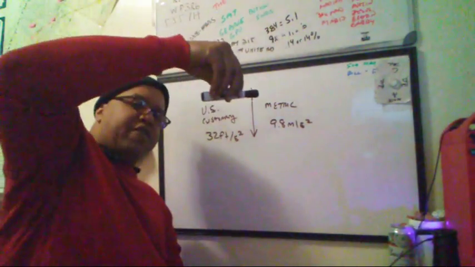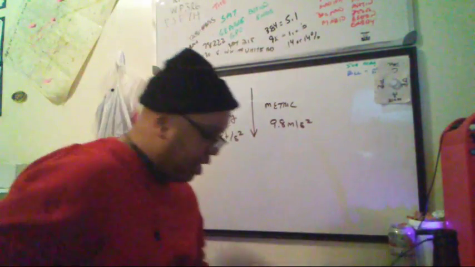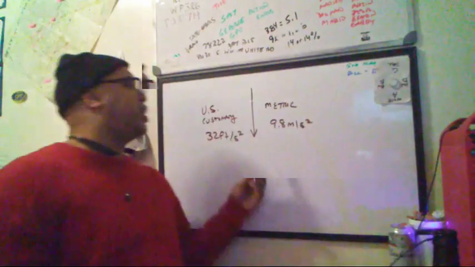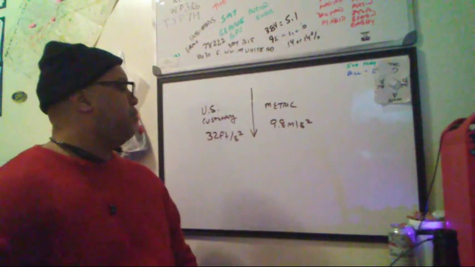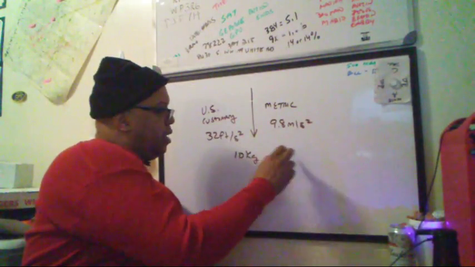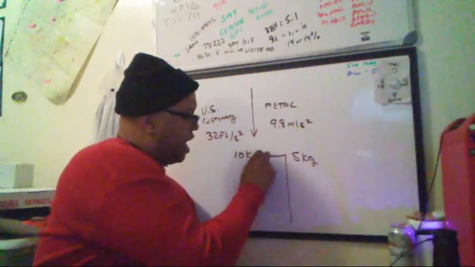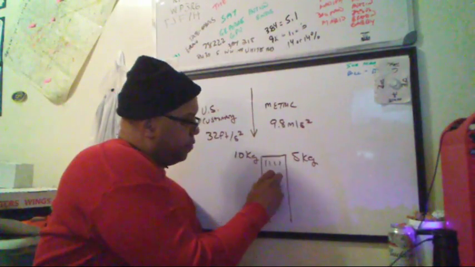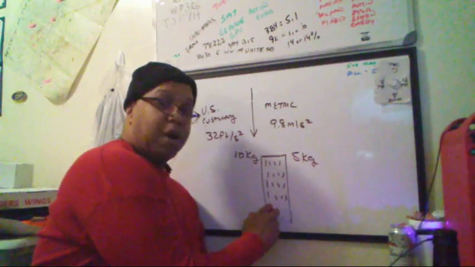So I hold my dry erase marker and I let it go. 9.8 meters per second squared, or 32 feet per second squared. So let's say we have a 10 kilogram object and a 5 kilogram object, and we're on this high, tall building. Those are my windows.